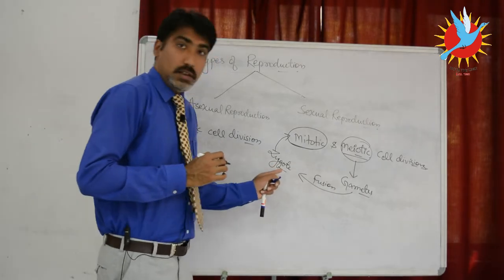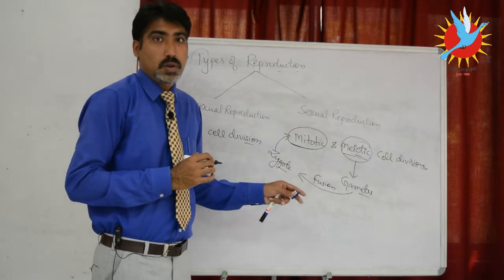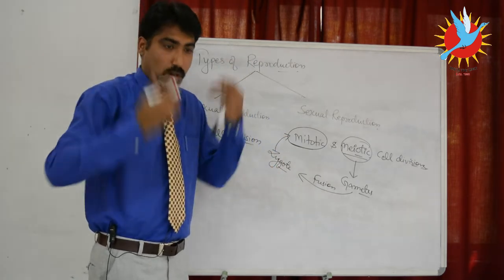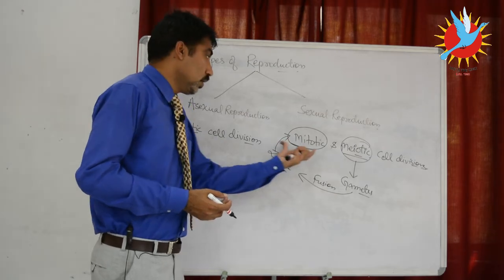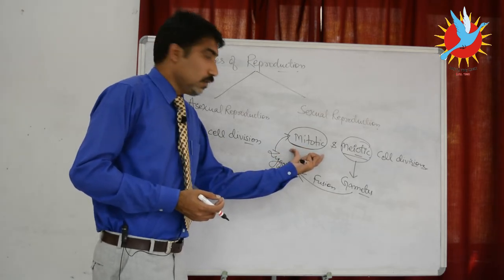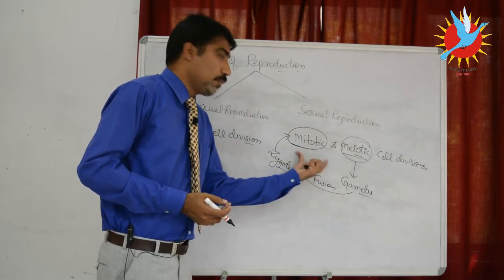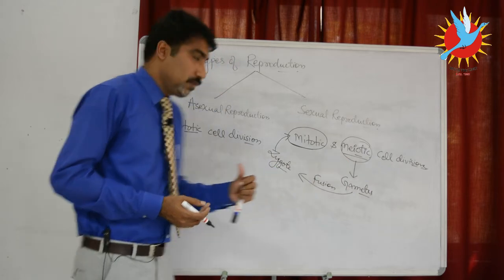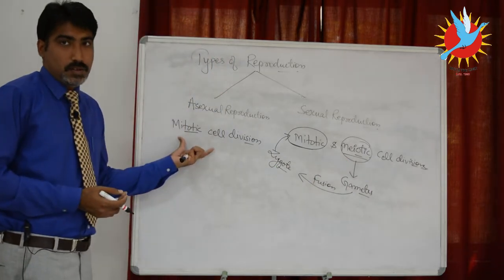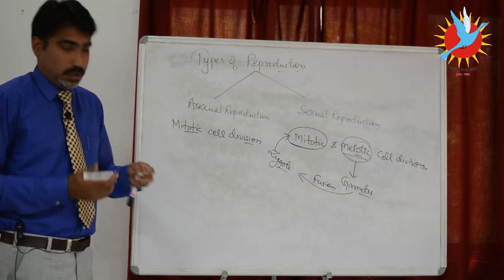So after the mitotic divisions in zygote, embryo is formed, organogenesis occurs, and our body is formed by the single cell, which is known as zygote, after following the mitotic division. So here is the involvement of both types of divisions, mitotic division as well as meiotic division, while in asexual reproduction we will learn further that only mitotic cell division occurs.